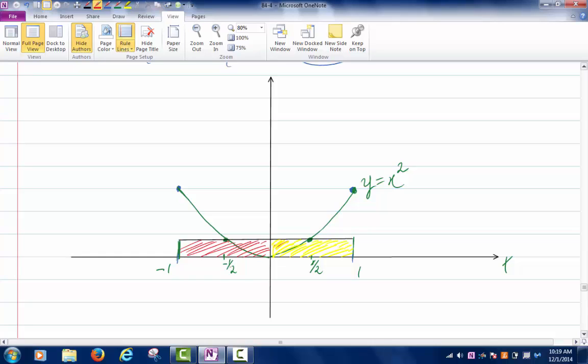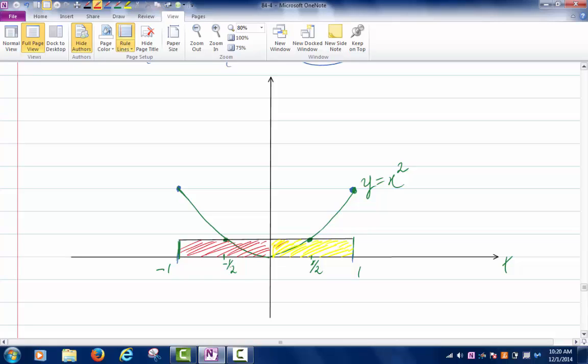So f of negative half is this height here, right? F of negative half is the height of the graph at negative half, and when I multiply by the length of the first subinterval, I get the area of the rectangle with height f of negative half and width 1, right?